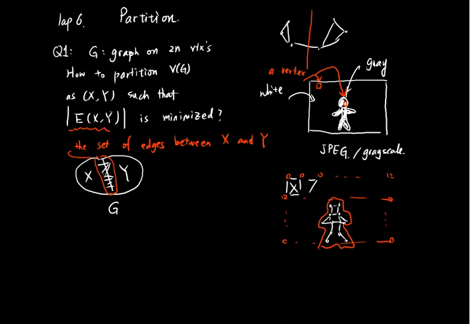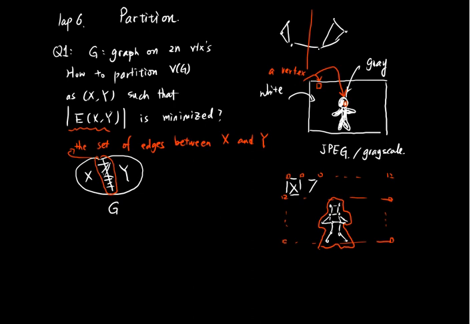So this part is called E(X,Y). We have a graph. We make the vertices into two parts, X and Y. And then we just look at how many edges between X and Y. And somehow we want to cut the graph such that the minimum number of edges is used. We don't want to cut a lot of edges because it's not making sense. We want to cut as few as possible.